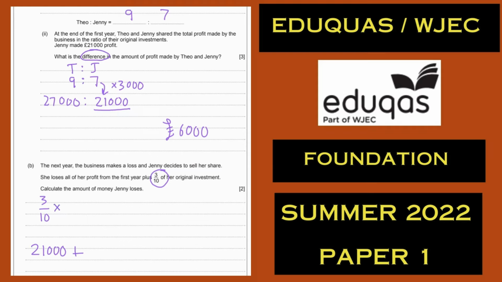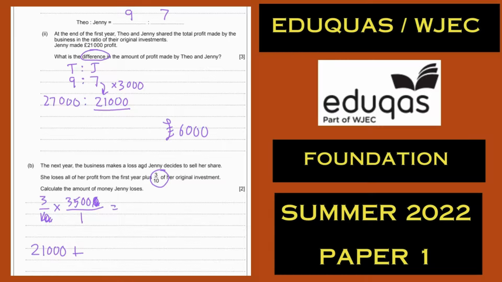3/10 of 35 grand. I'll do a bit of pre-cancelling because we can divide the top by 10 and the bottom by 10. So we really just need to work out 3,500 trebled.